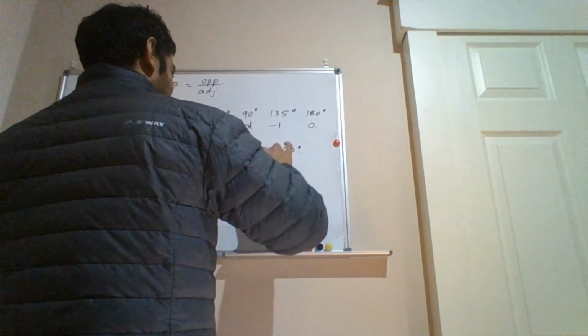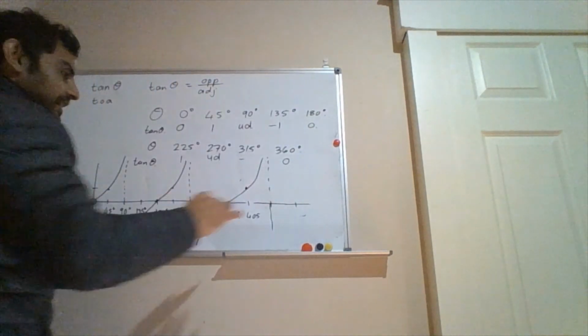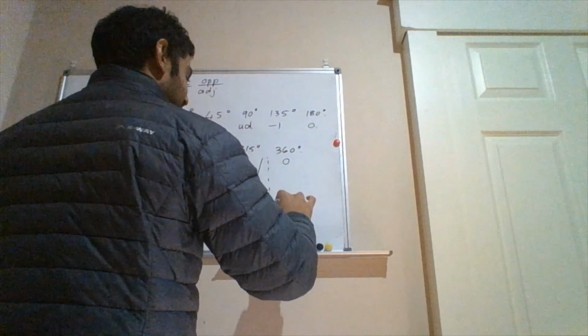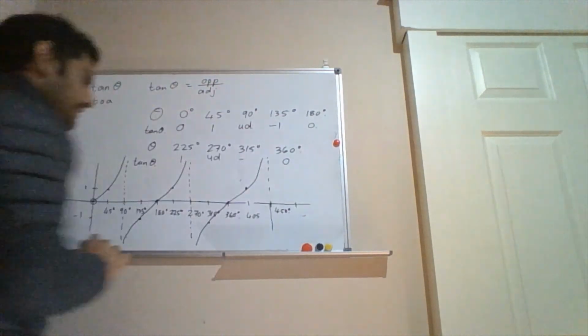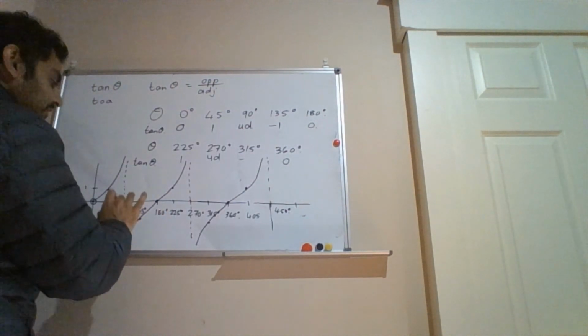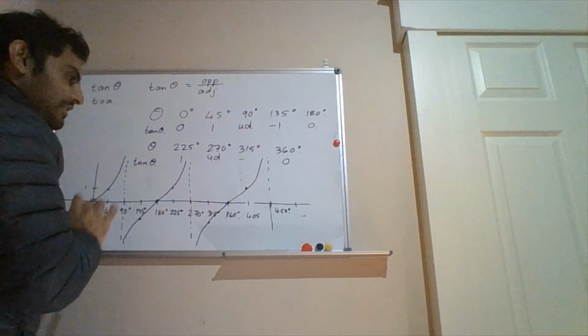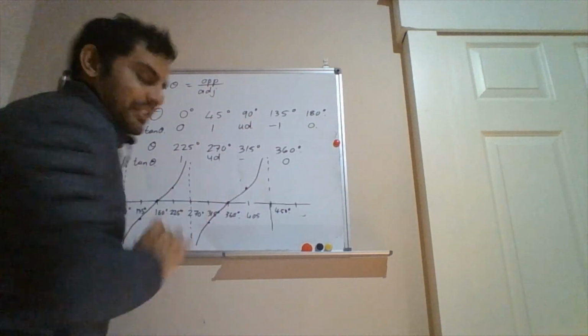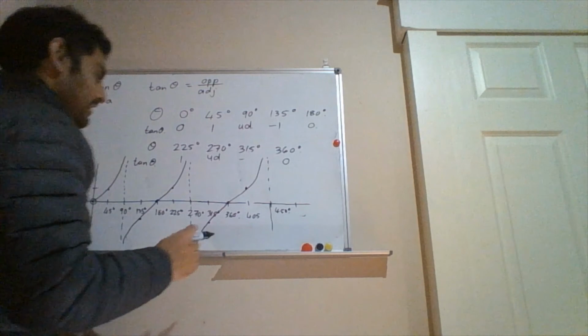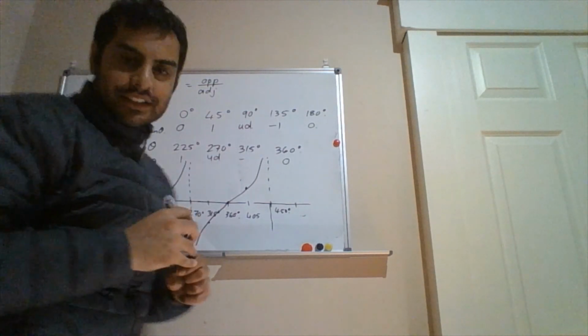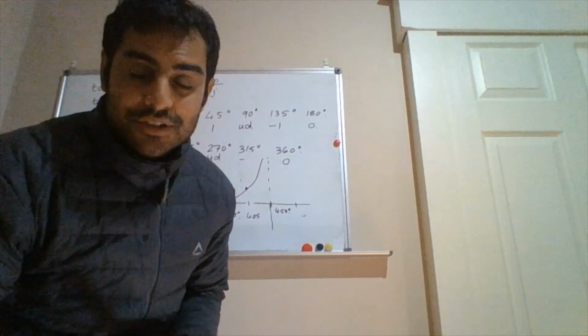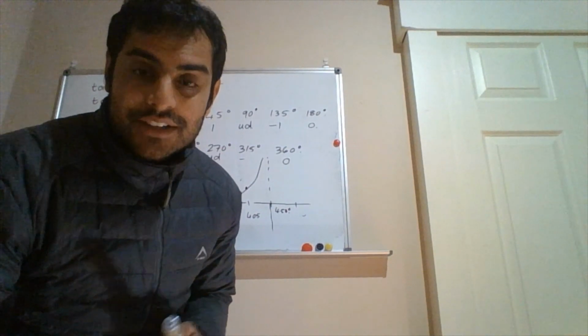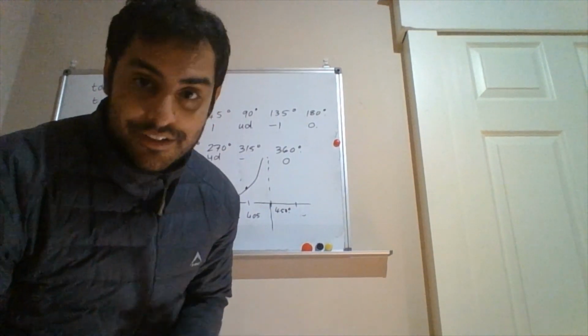So it would go like this, and our vertical asymptote is actually at 450 degrees. So now it makes sense. 90 to 270 is 180 degrees, and 270 to 450 is 180 degrees, and the shape repeats itself. So now we're going to go on to the parameters and how they affect these graphs.